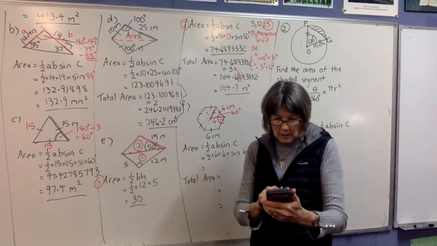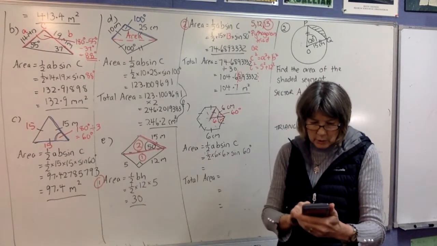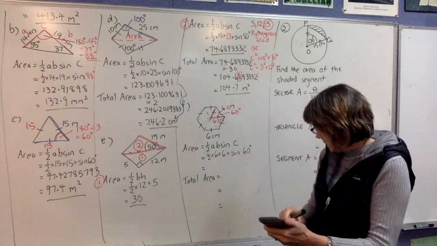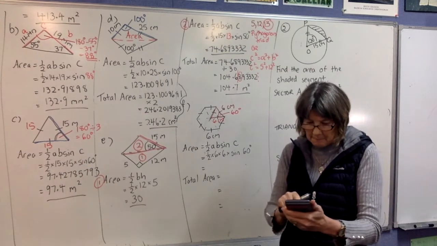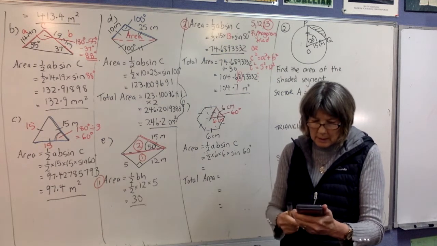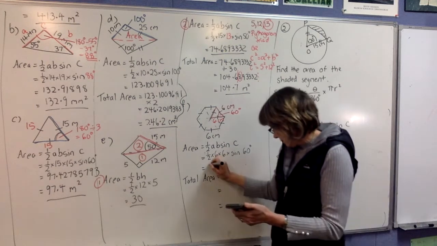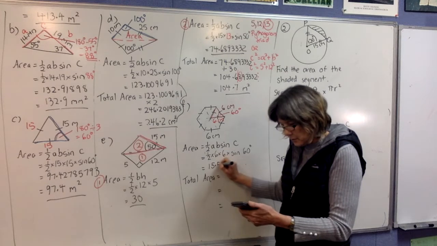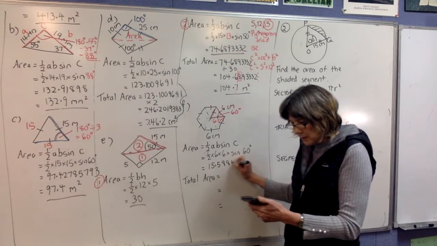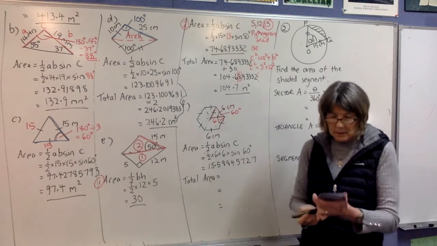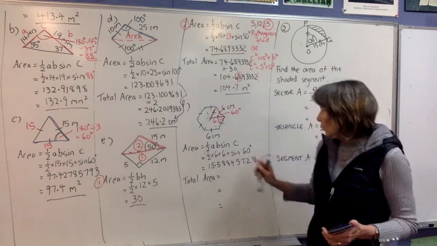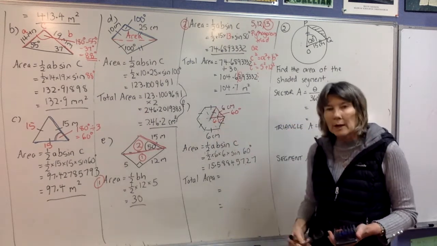Okay, fraction key, 1 down arrow, 2 right arrow out of it, times 6 times sine 60, close your bracket, equals, and this is what you get. No rounding yet, because we haven't finished. Okay, now, keep it on your calculator. We found the area of one little triangle.